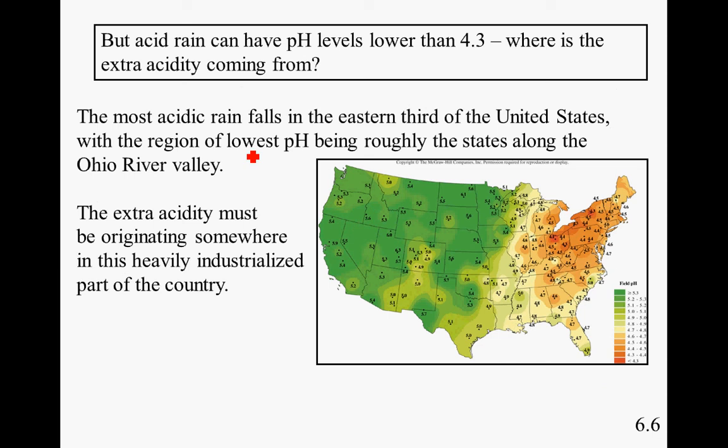The most acidic rain falls in the eastern third of the United States, with a region of lowest pH roughly the states along the Ohio Valley. The extra acidity must originate somewhere in this heavily industrialized part of the country.